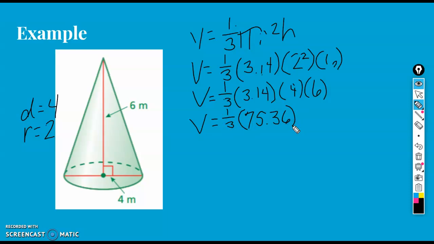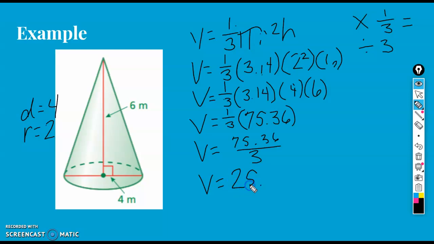Taking 1/3 of a number, or multiplying by 1/3, is the same as dividing by 3. So we are going to take 75.36 and divide it by 3. And when we do so, that gives us a volume of 25.12 meters cubed. Don't forget that volume is measured in cubic units because we are looking at all 3 dimensions of the figure at the same time.